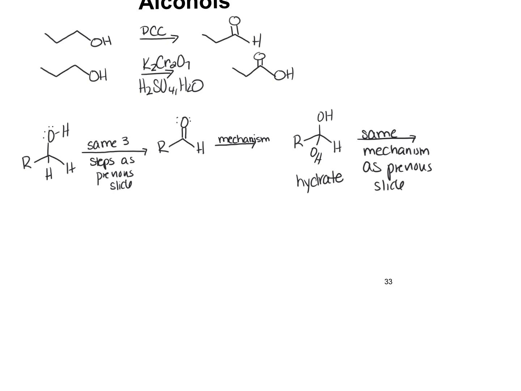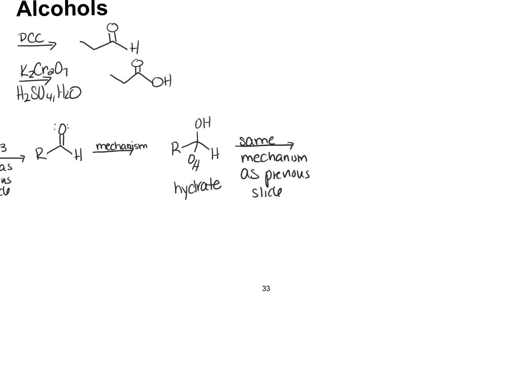And when we look at that and it goes through that same mechanism, what we see is that at this step, when water comes in and it steals that proton right there, we've got a double bond that forms there, and then the chromium goes off there.